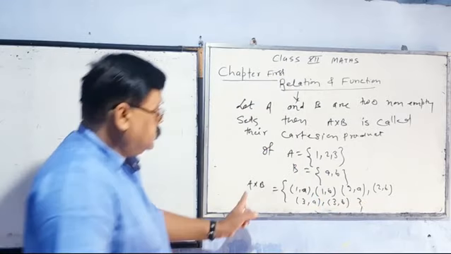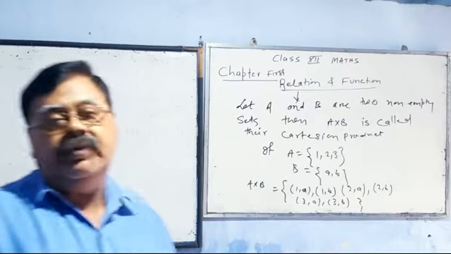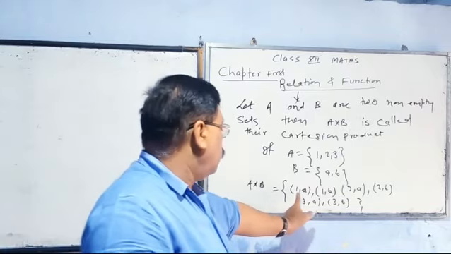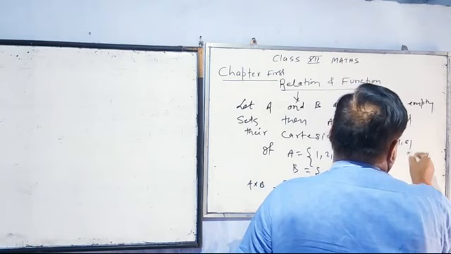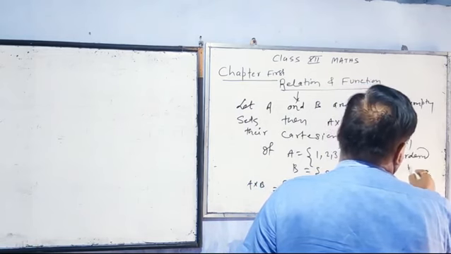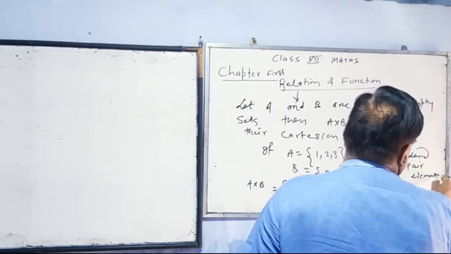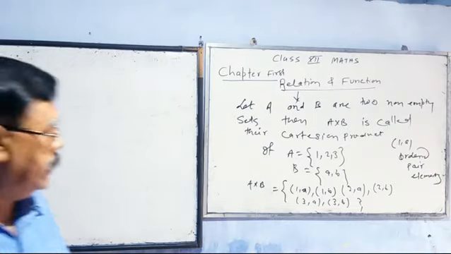These are the elements of A cross B. These are ordered pair elements, students. (1,a) is called an ordered pair element. So A cross B is a set of ordered pair elements.